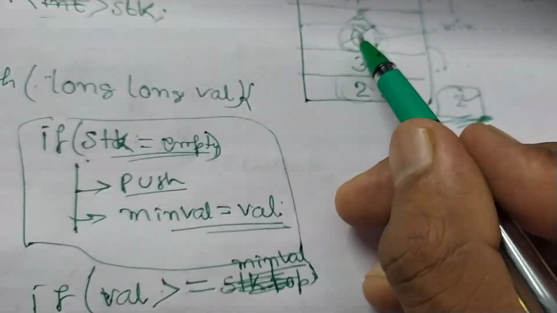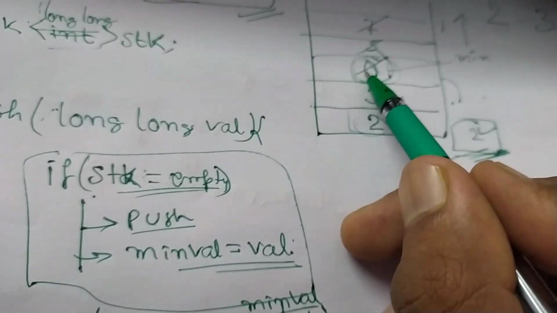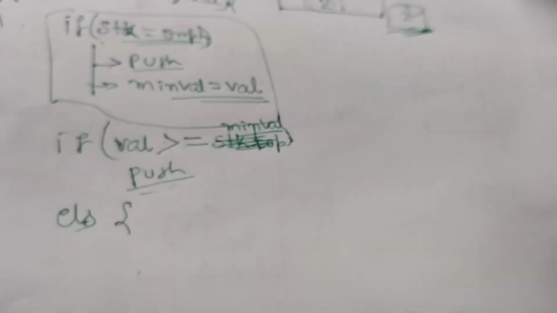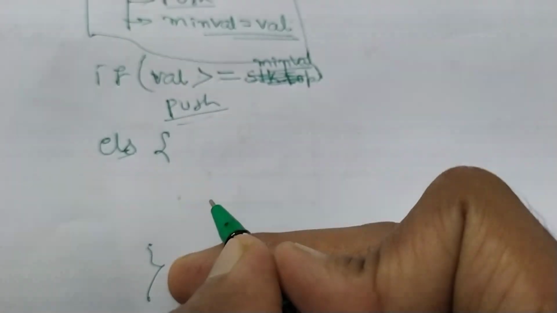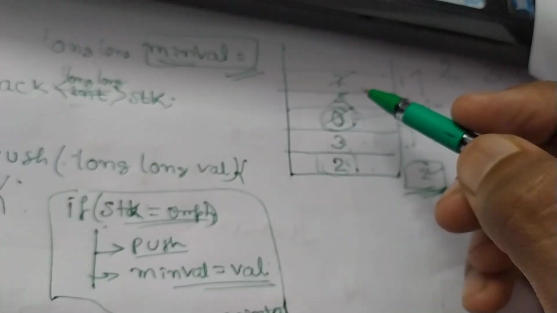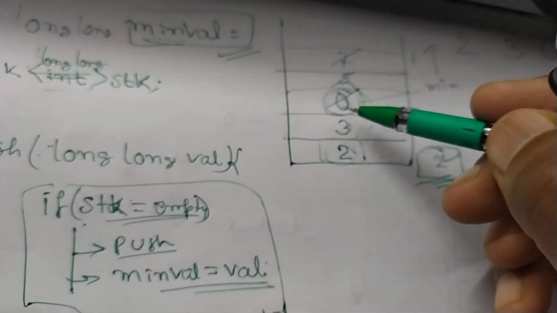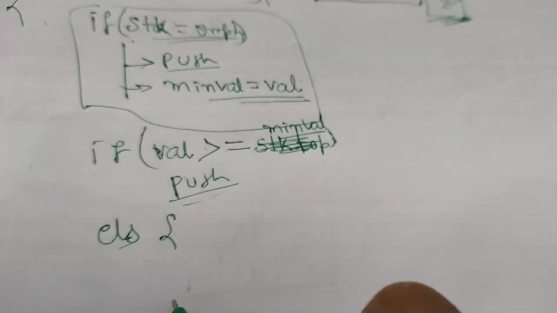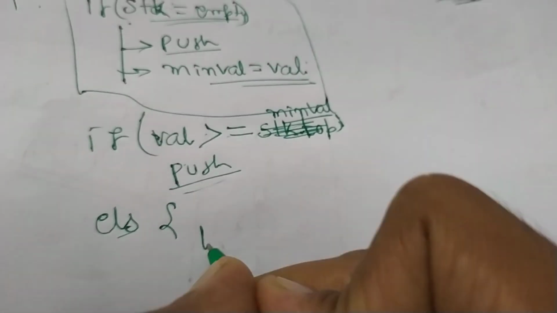But here comes 0, so 0 is less than our minimum value, so obviously we need to update it. But we gonna update in such a way that when we are returning back, when we have to pop out all the elements, we could get back our previous value.